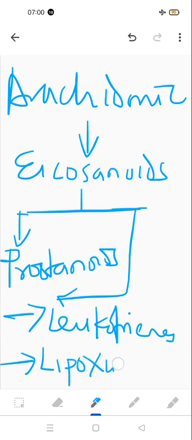So the three eicosanoids formed from arachidonic acid are the prostanoids, the leukotrienes, and the lipoxenes.